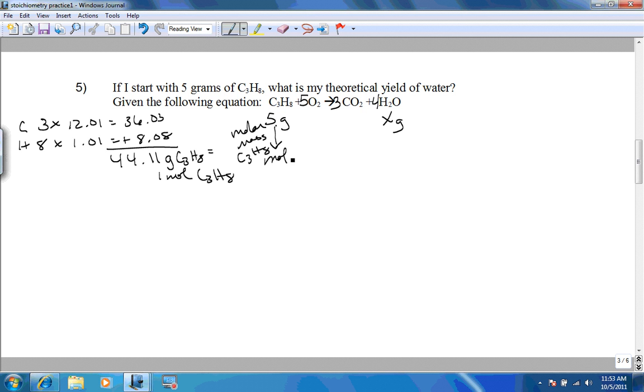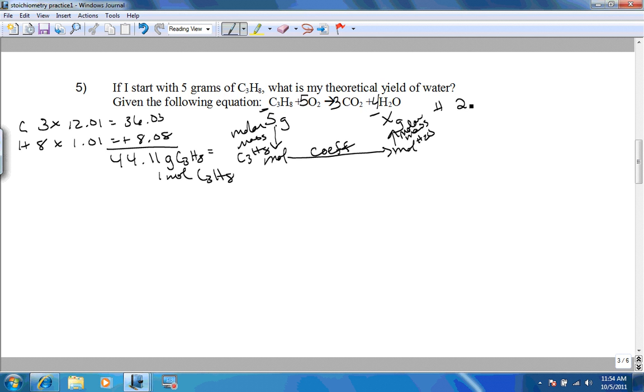Now that we're in moles, we can go from one compound to the other. We go from moles of C3H8 to moles of H2O. We do that using the coefficients. Those are the numbers in front. Now we're in moles of H2O, we can get to grams of H2O by using the molar mass of H2O.